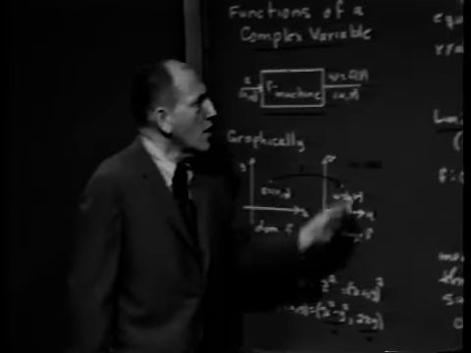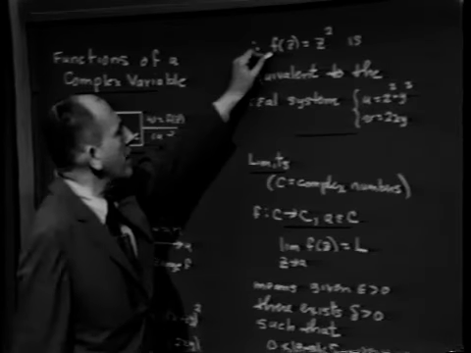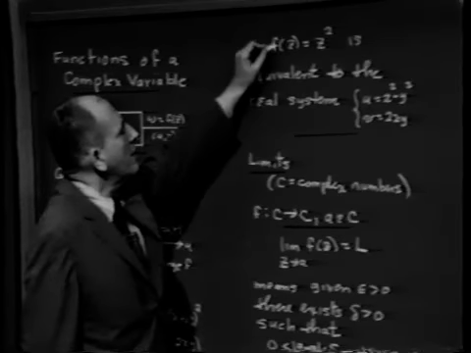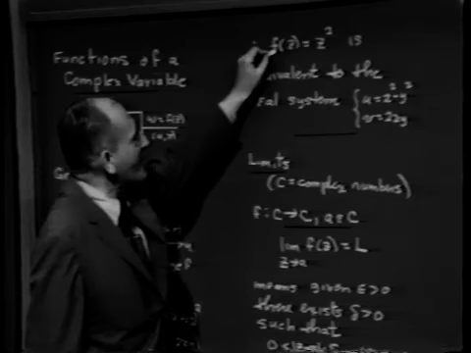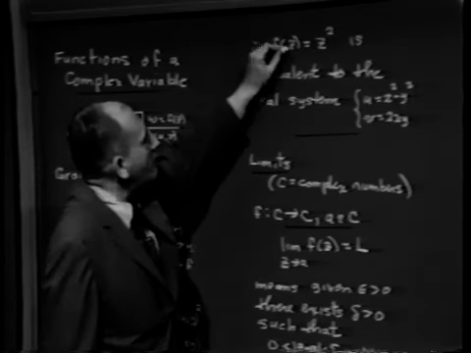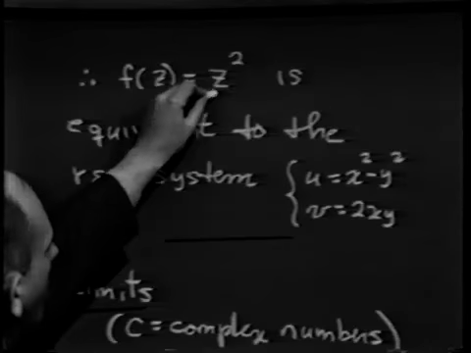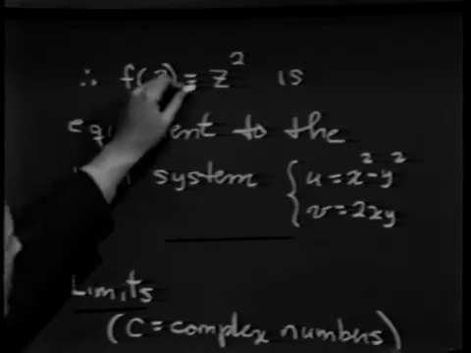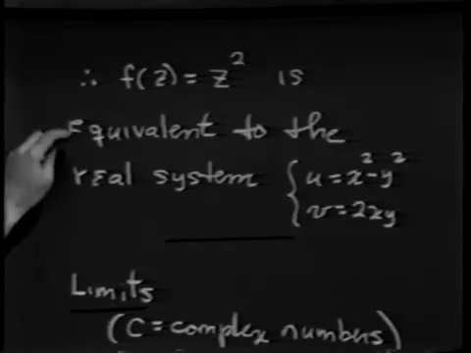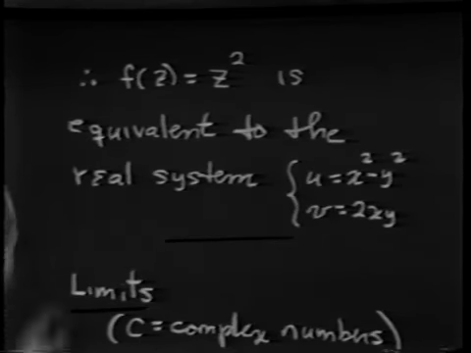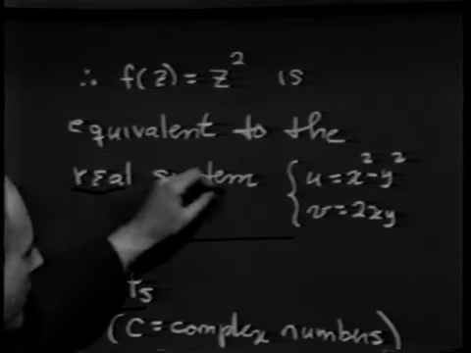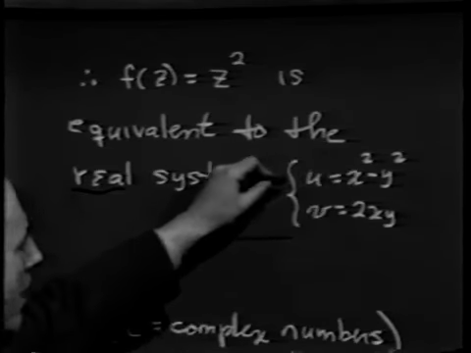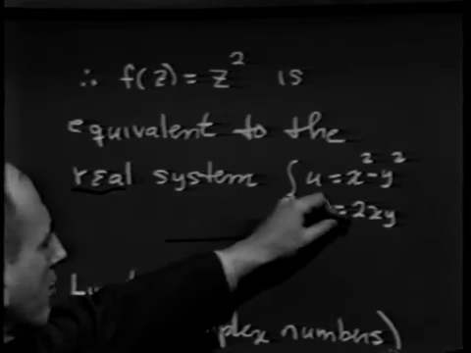So in summary, notice that the complex valued function of a complex variable, in other words, we're mapping complex inputs into complex outputs, but that particular mapping, f of z equals z squared, is equivalent to, and this is important, the real system of equations, u equals x squared minus y squared, v equals 2xy.